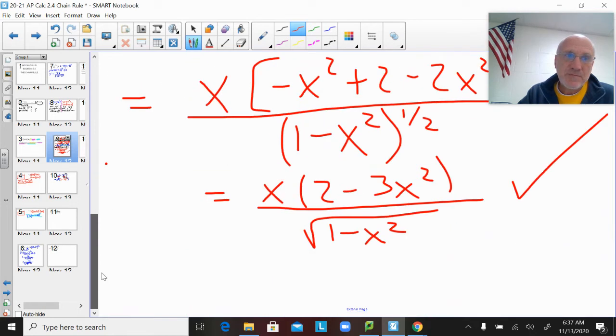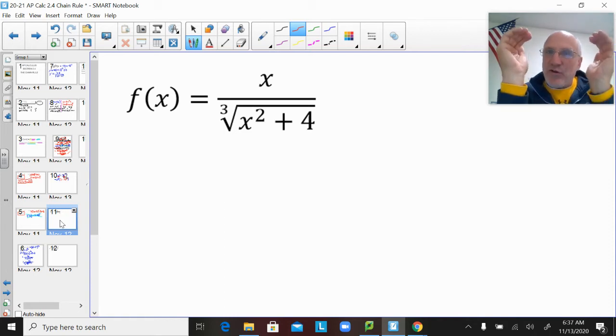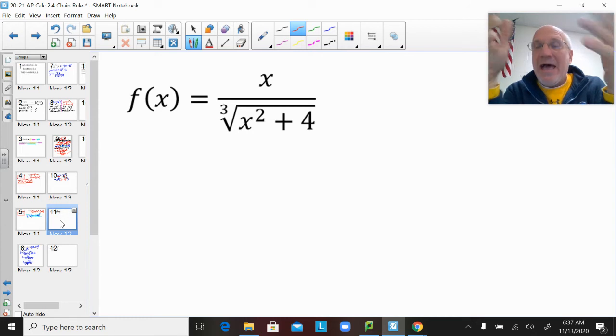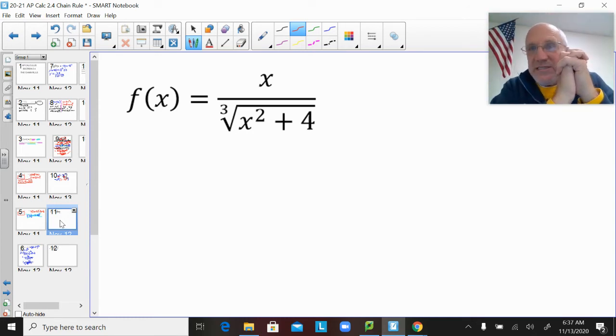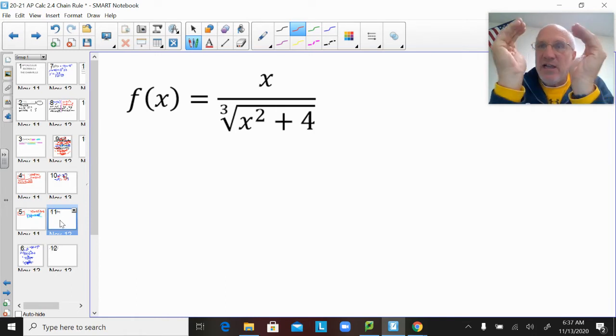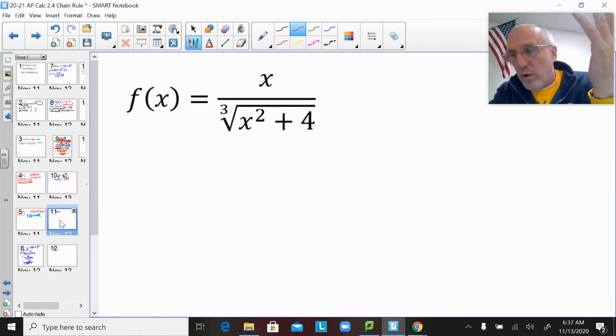Okay. I think we're ready for the next example, which is not that one. It is this one. All right. So I think it's kind of the same thing here, except we have a quotient. Clearly that function is a quotient. But when I take the derivative of the bottom as part of the quotient rule, that bottom is a little chain rule because it's an inside function x squared plus 4, outside function something to the 1/3.